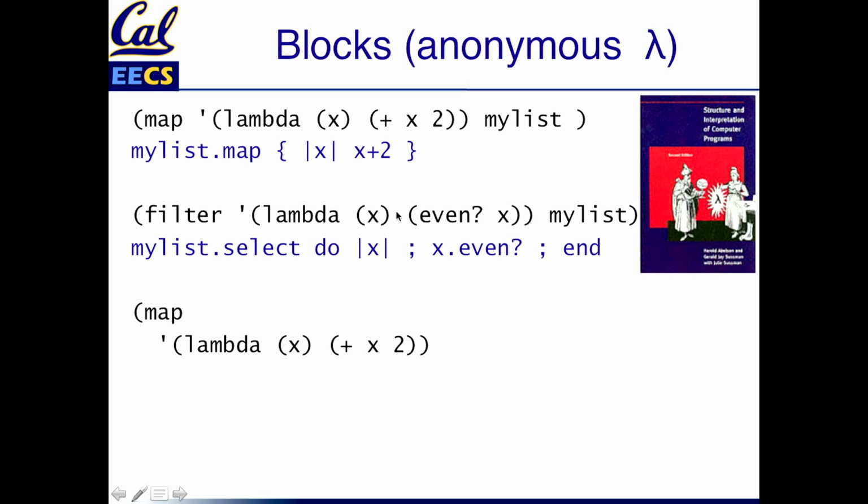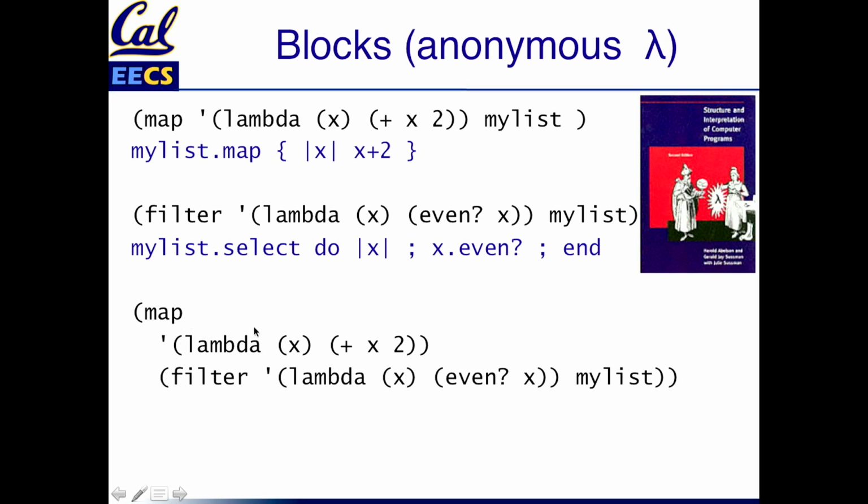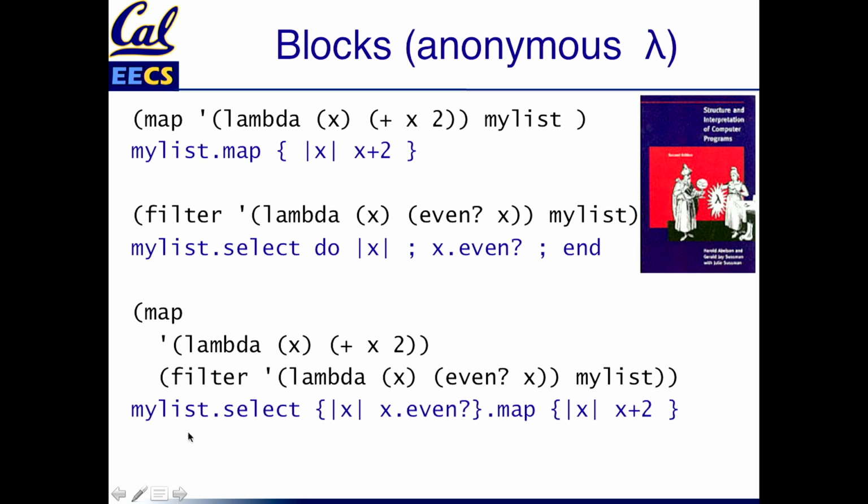And in fact, you can combine things, right? I can take a map of a lambda expression that operates over a filter, and similarly in Ruby, I can take a list and call select to filter out some elements of it. That will return a new copy of the list containing only the filtered elements, and then I can call map on the result of that. So this is one of the ways that Ruby inherits spiritually from functional languages, of which Scheme is an example.